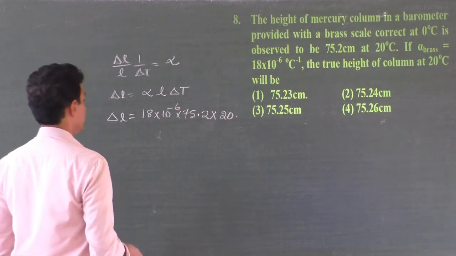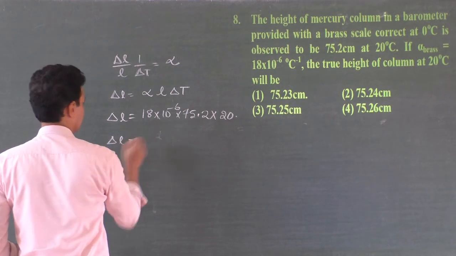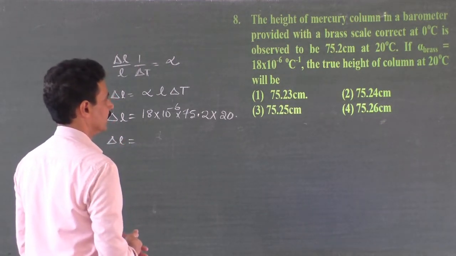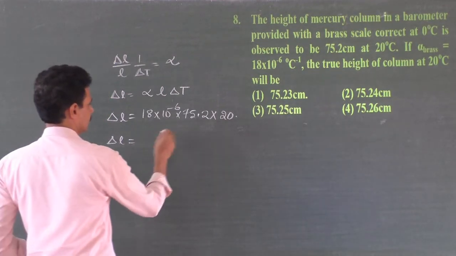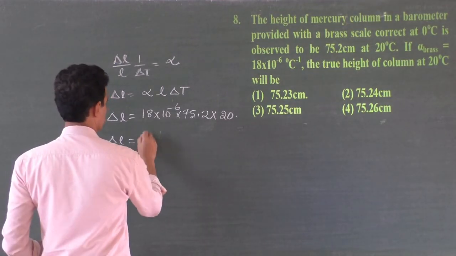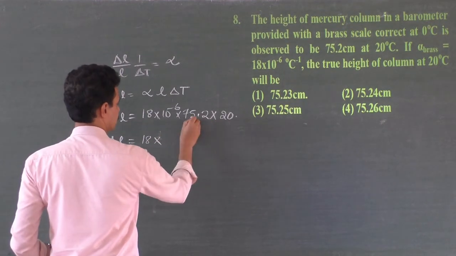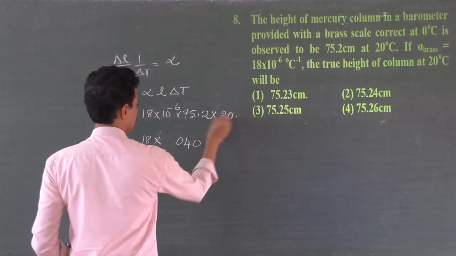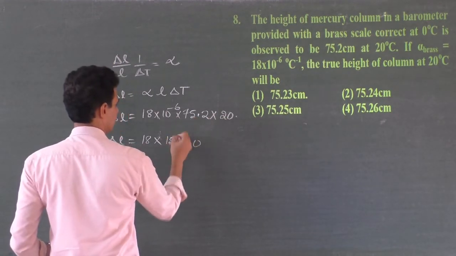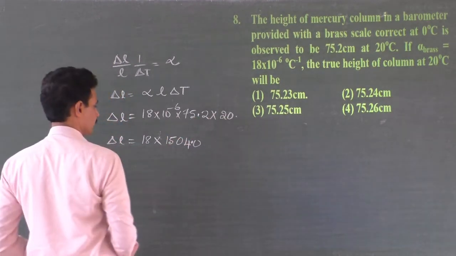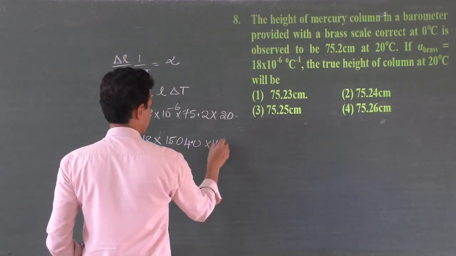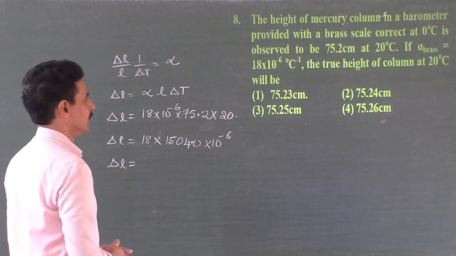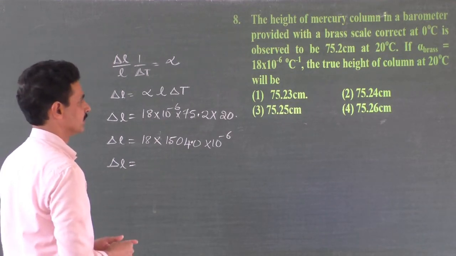So the change in length, then the true height of the mercury column, will be 18 into 75.2 into 20, which is 1504, into 10 to the power minus 6. This is ΔL, the change in length when it is heated through 20 degrees Celsius.